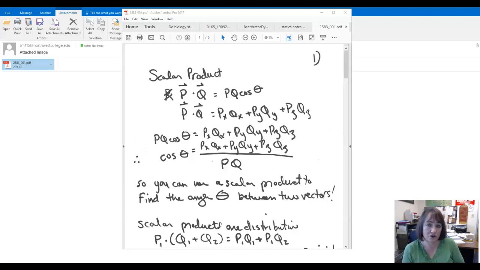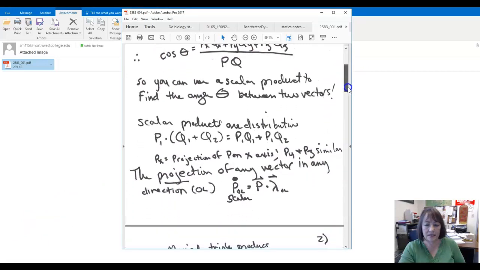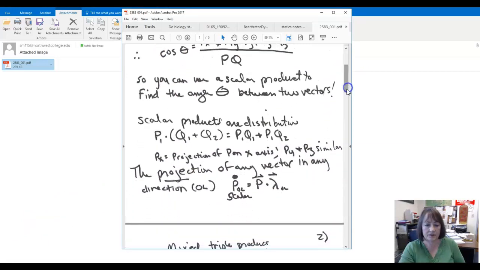So even though you start with two vectors, the product that you come up with when you multiply is a scalar. That means it does not have the directional properties, it does not have components, but is just a number and possibly a unit. Possibly. Anyway, so you can use the scalar product to find the angle theta between two vectors.